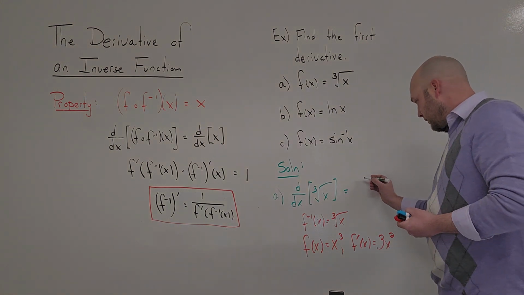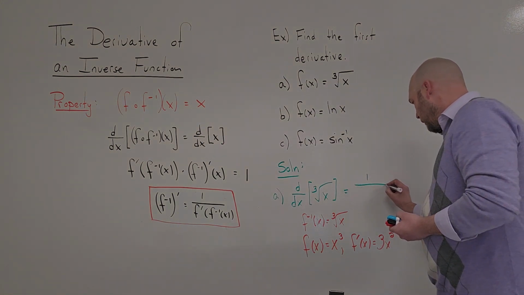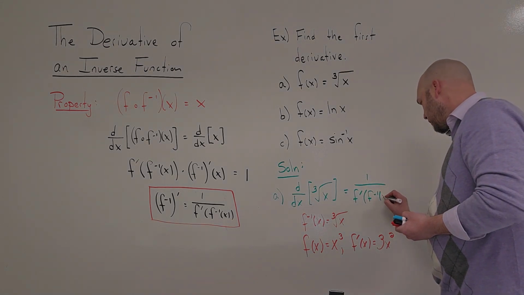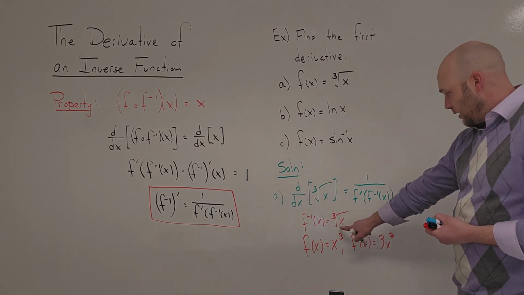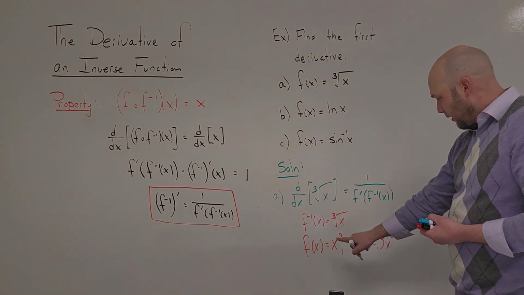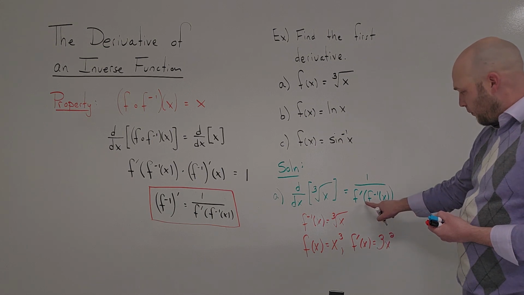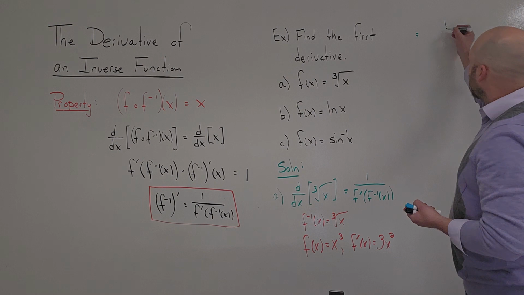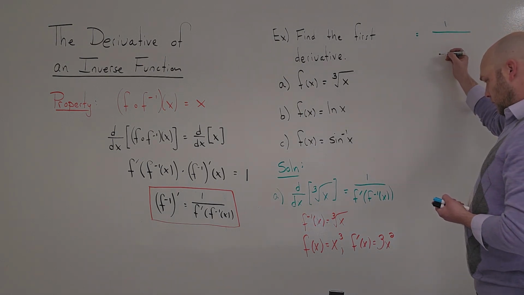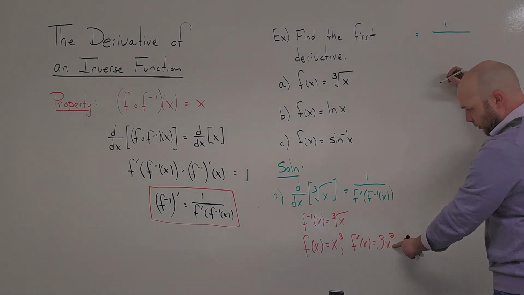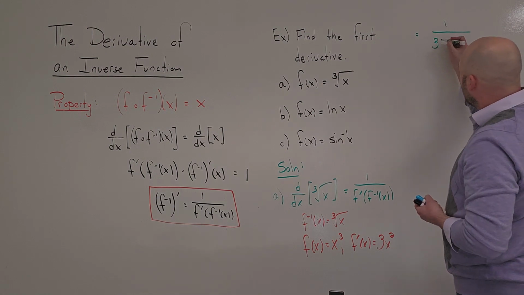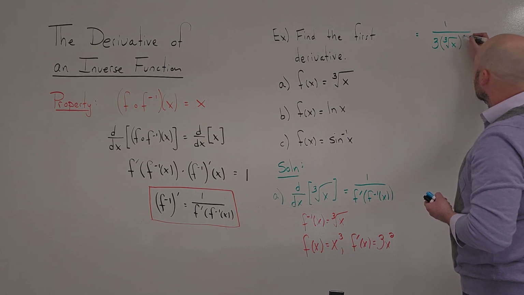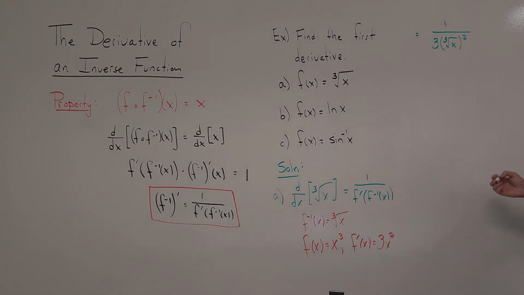Using that formula in the box then, this is 1 over f prime evaluated at f inverse, which means I take the inverse function and I plug that into the derivative. So f prime evaluated at f inverse gives me 1 over 3 times the cube root of x, squared. And then let's simplify that.